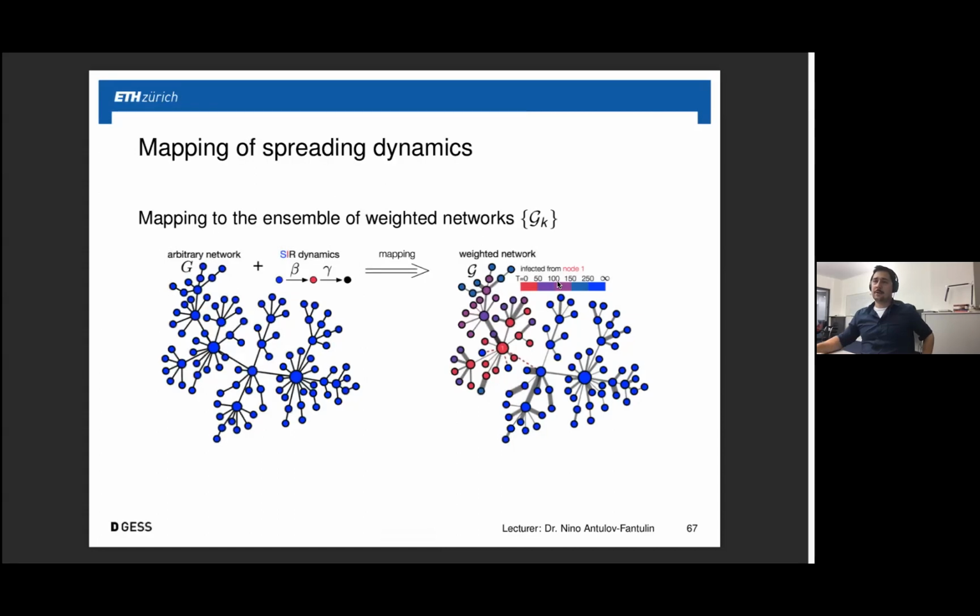And essentially the idea is that we take a network that is unweighted, for certain beta and gamma. We would now map this type of dynamics to some kind of ensemble of weighted graphs. Okay, ensemble means that we would have a large set of weighted networks, and the weights in these networks would be on edges, for example. Okay, so from an undirected graph we create a bunch of weighted graphs that have a certain type of weights on the edges.